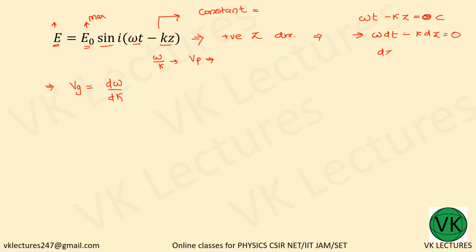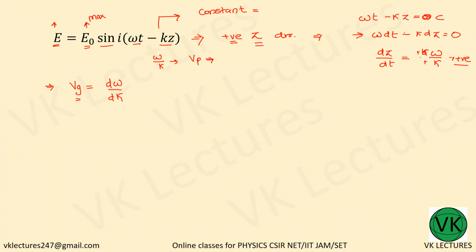Now dz divided by dt is equal to omega by k. This omega is a positive quantity, and k is also a positive quantity, so dz by dt is positive. So velocity is along z direction and on the positive side. Okay, now I hope that is clear.